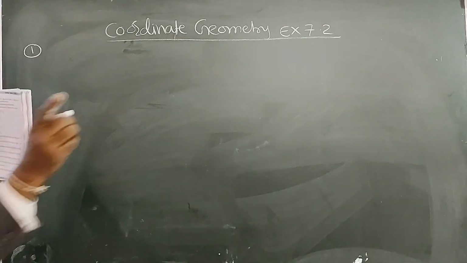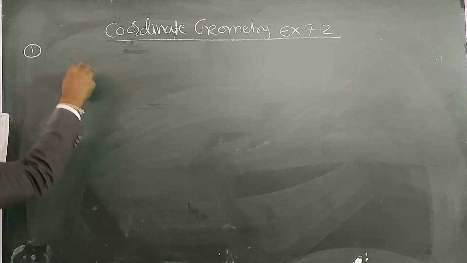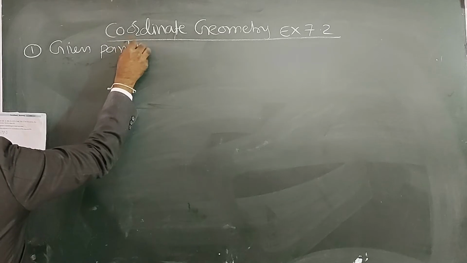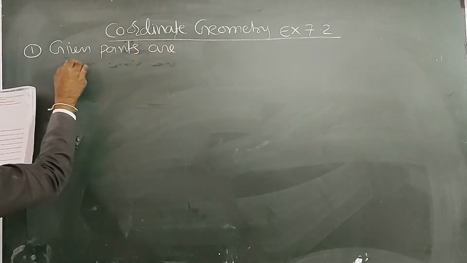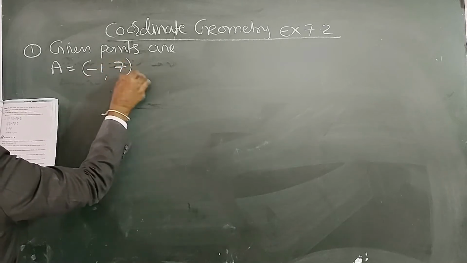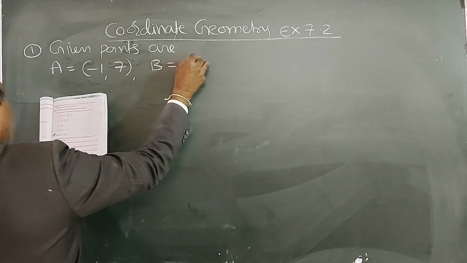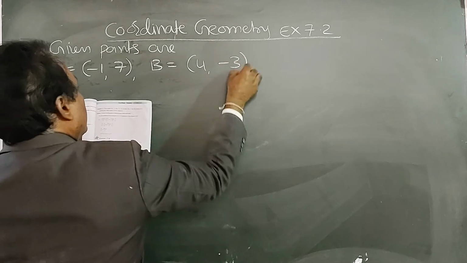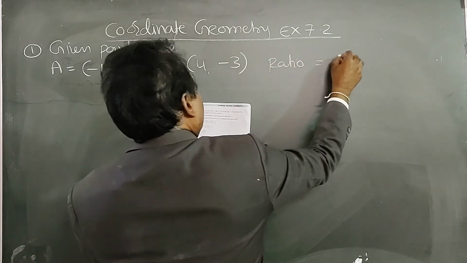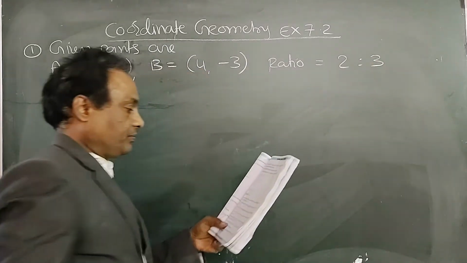You read the question from the textbook; I am not reading the question. I am directly starting the solution. Given points are A is (-1, 7), B is (4, -3), and the ratio is 2:3.